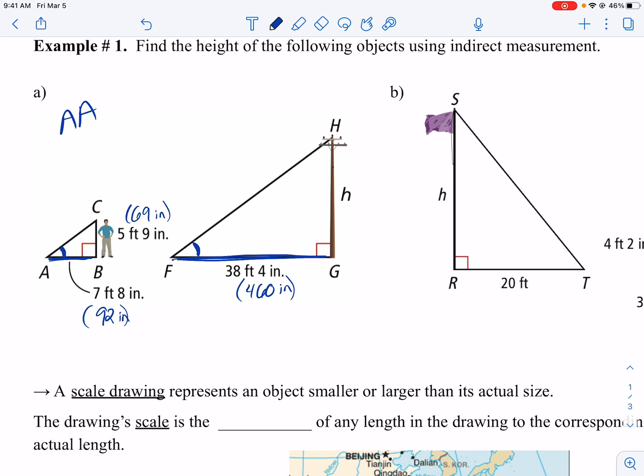When we set up our proportion, it would be 69 to h, the height of this person to the height of the light pole, equals 92, the length of the person's shadow, over 460, the length of the telephone pole shadow, and we'll cross multiply again. Get 92h equals 31,740.